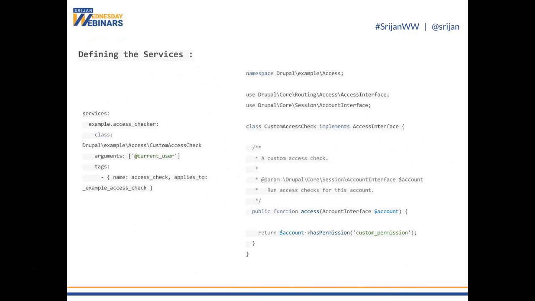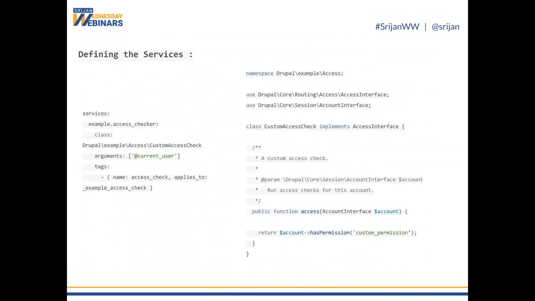Okay, so for defining the services, it's mostly recommended that we tag the services. Even if we don't tag the services, it still works. But for some of the things, like I said, for event dispatcher, for example, a very basic example, we want a redirection of the site before the page load. So whenever we want to have an event dispatcher, we need to have the service tagged as event dispatcher.